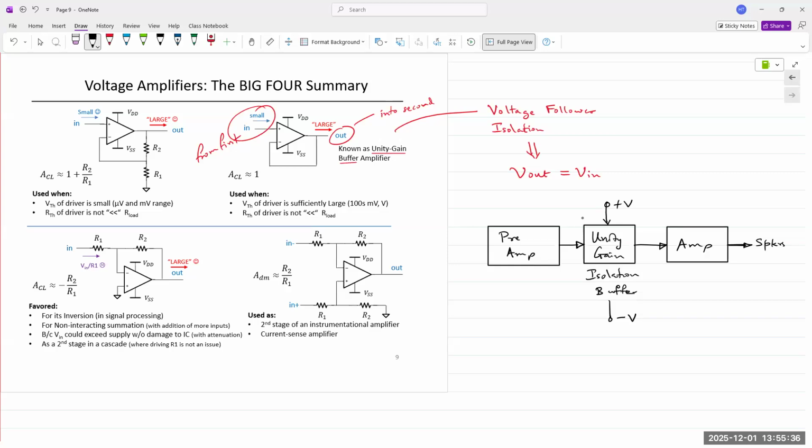Summing is not in here. Okay. This is the non-inverting. This is the inverting. This is the difference. And this, of course, is the voltage follower.